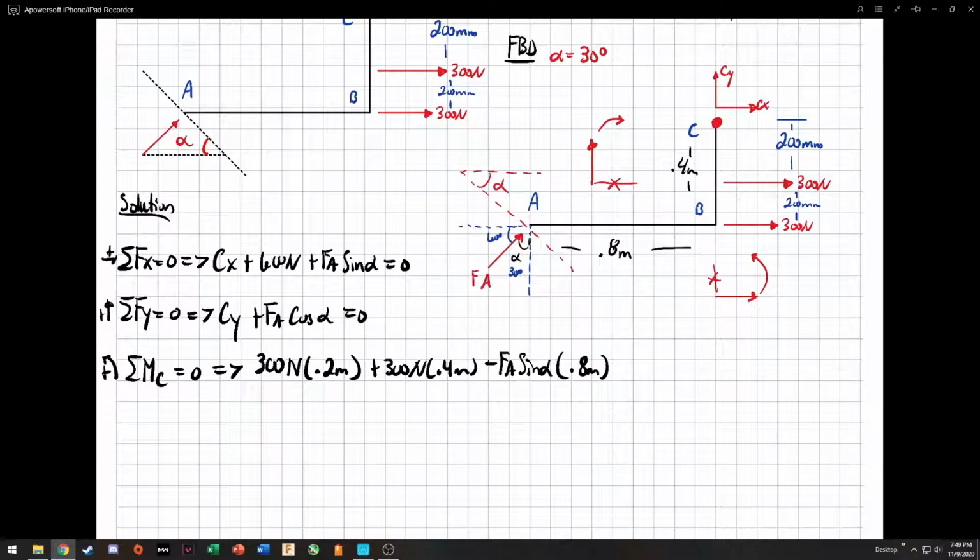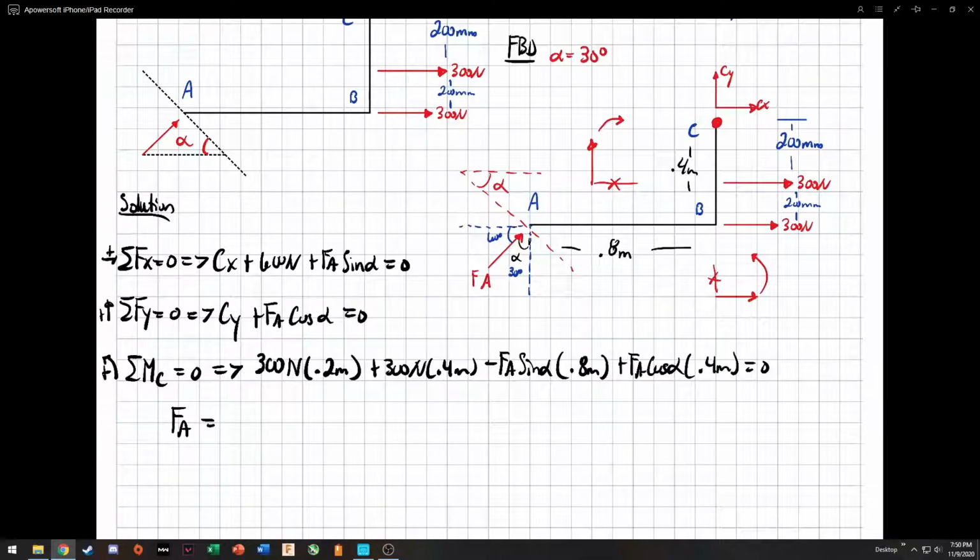Now we're going to have to worry about the force of A in the x direction. So we have a force going in the x direction. Our perpendicular distance is going to be in the y direction. That's going to be causing a counterclockwise rotation. So it's going to be a positive F_A cosine of alpha times that perpendicular distance, which is going to be 0.4 meters, all equal to 0. Simplifying it down and solving for F_A, we can pull F_A out as our common factor.